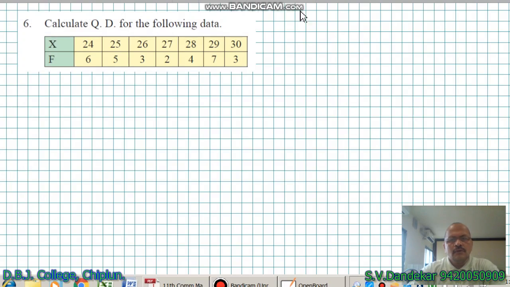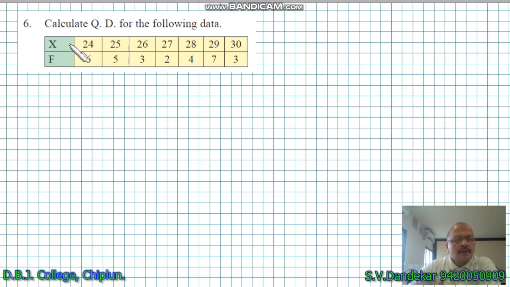Let us solve sixth problem. Calculate the quartile deviation for following data. X values are given, frequencies are given.